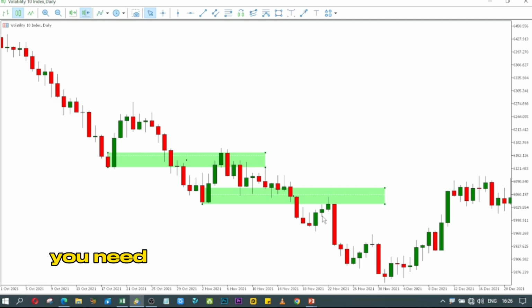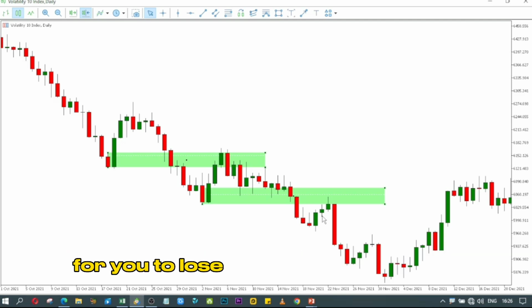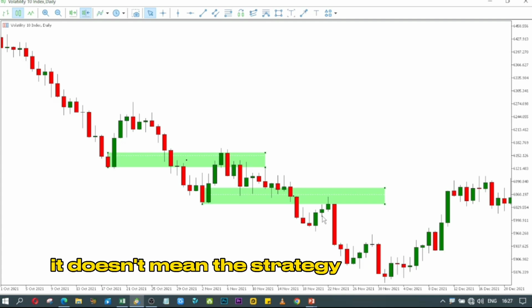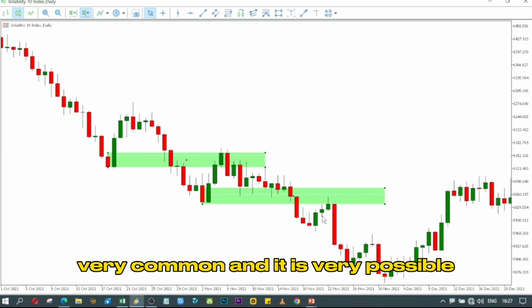Number two, you need to understand that it is possible for you to lose 3, 4, or 5 trades in a row. It doesn't mean the strategy doesn't work when that happens. If you lose 2 trades, 3 trades, 4 trades in a row, just know that it is very, very common and it is very possible.